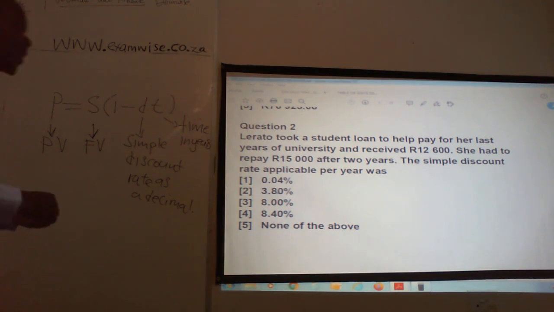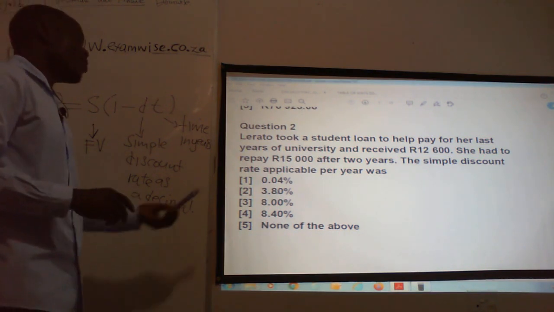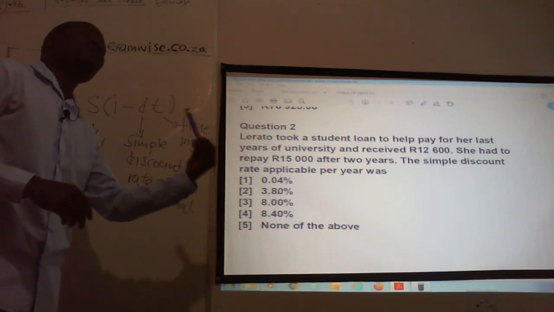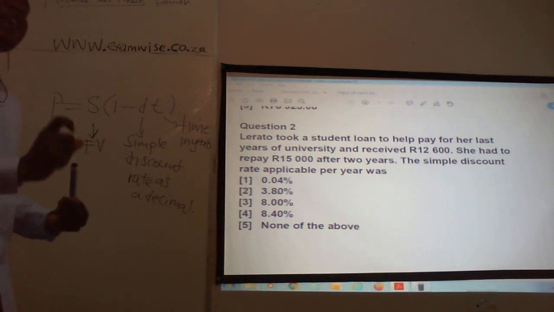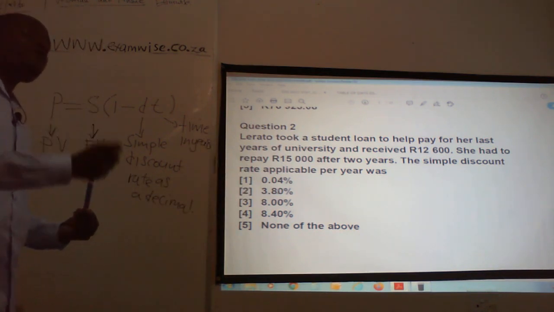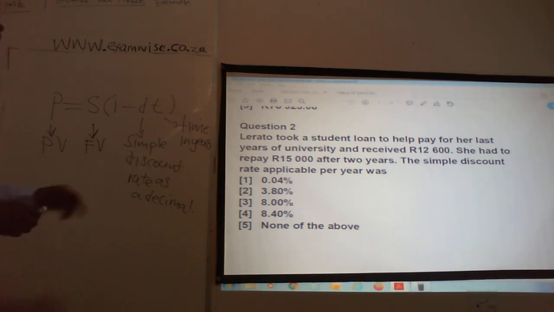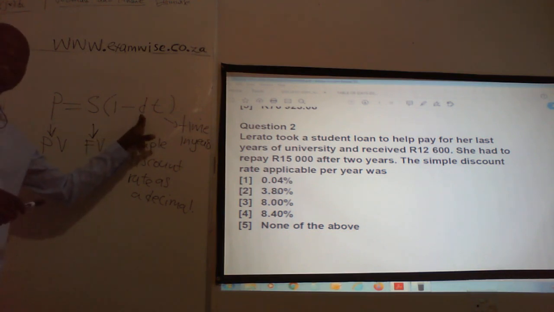So from our question, we are required to calculate the simple discount rate. We don't have a direct formula for calculating our simple discount rate, so we have to play around with the given formula so that we can make D the subject of the formula.